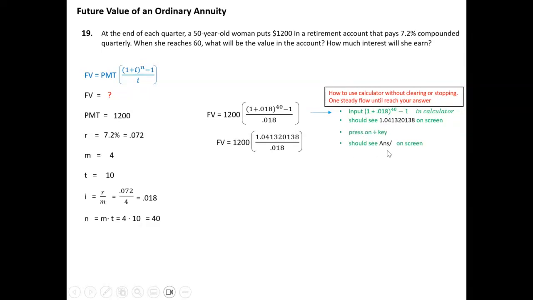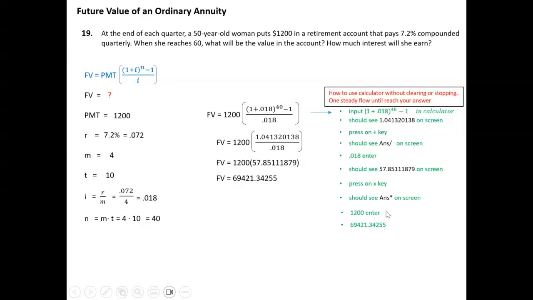So you just see this on your screen, the answer divided by, then you're going to enter 0.018 and enter. This is what you should see on your screen. And after that, you're going to multiply that by 1,200. So the answer will be $69,421.34. That's how much will be there after 10 years when she's 60.